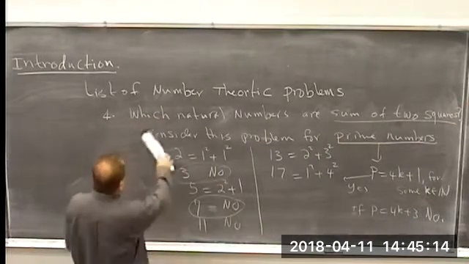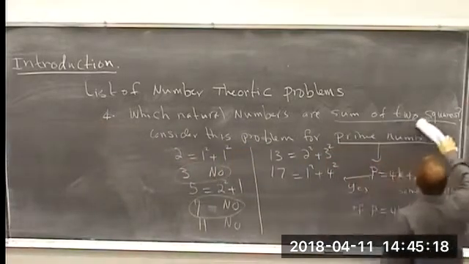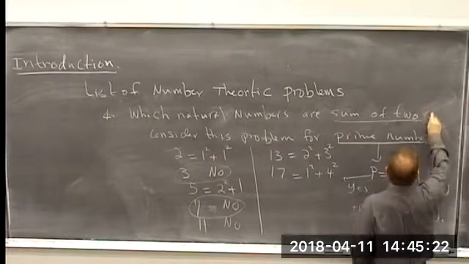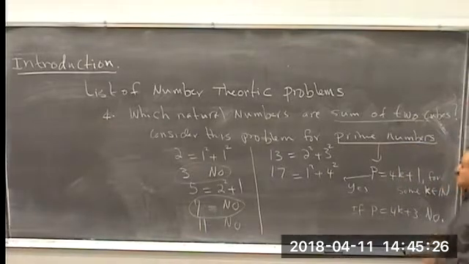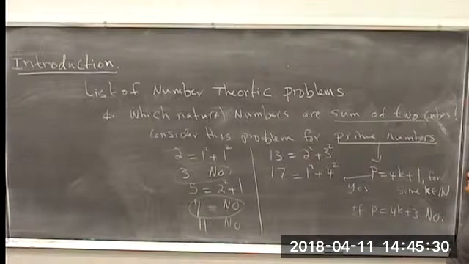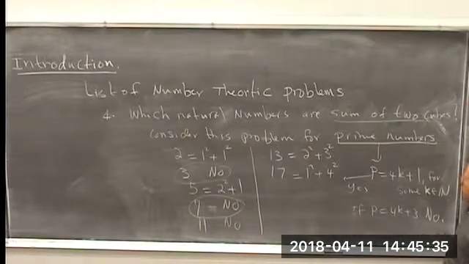A similar question to this, instead of asking which numbers are a sum of 2 squares, is 2 cubes. And it turns out, yes, there is a classification for this, and actually this is what was studied by Gauss, all right? And he gave a number of ways we can do this, okay?